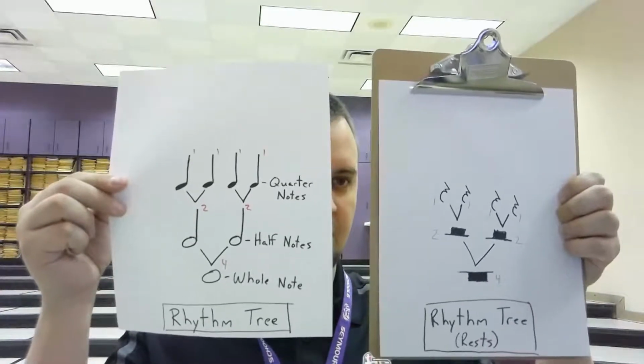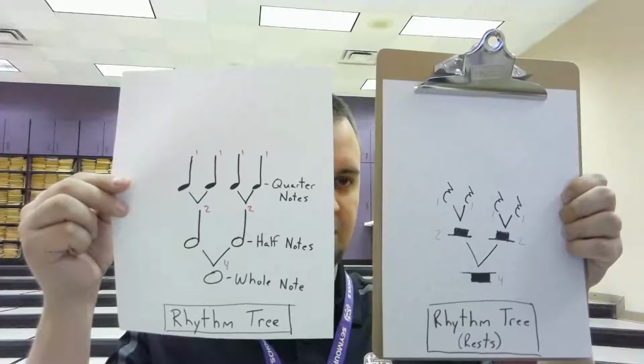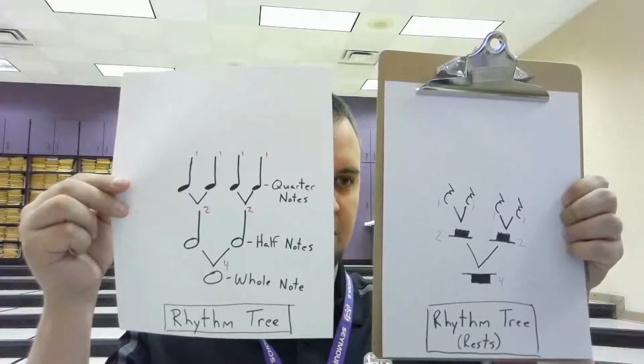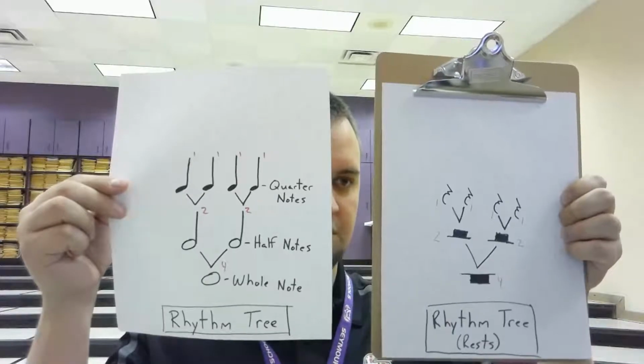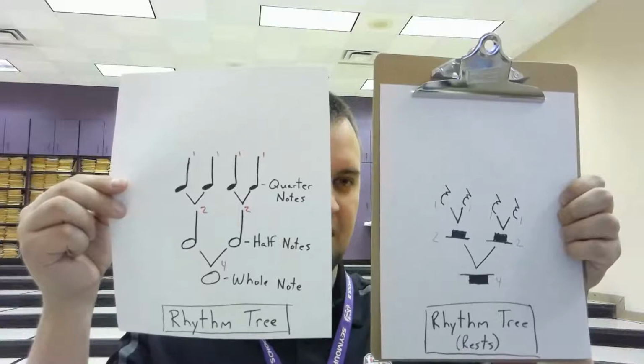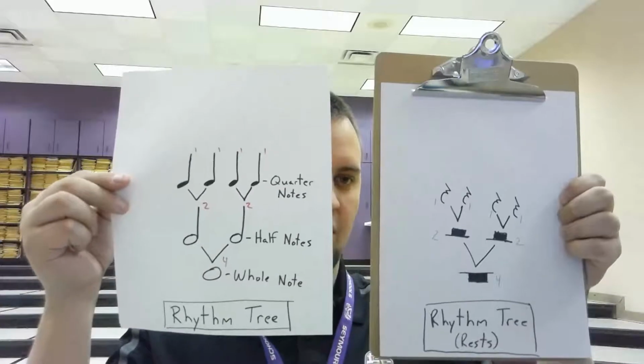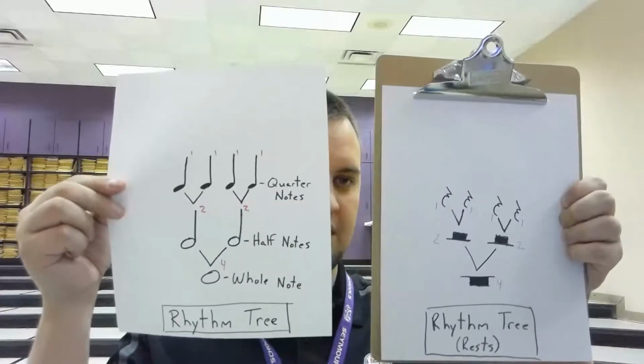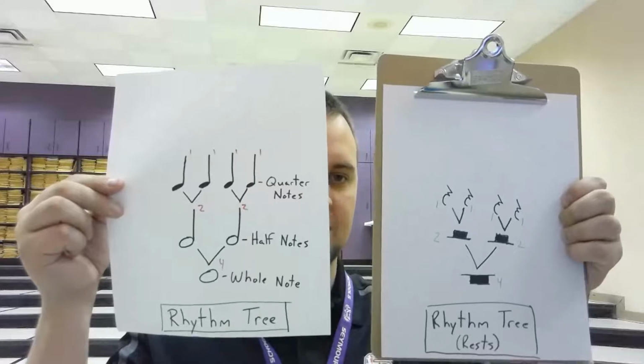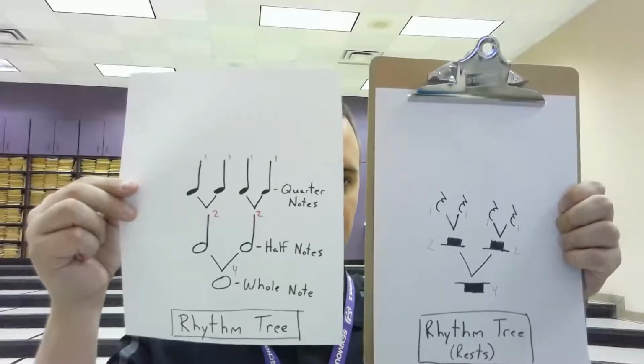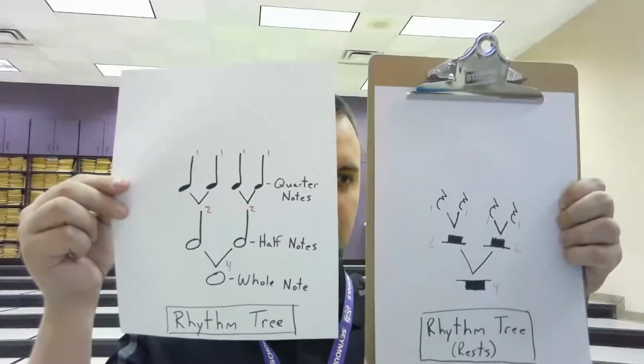In fact, they line up, in the same kind of plane and area as the whole rest, half rest, and quarter rest. So you can see that just visually there.